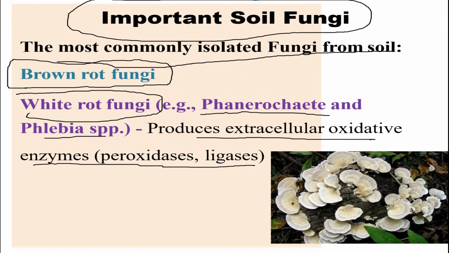This is the white rot fungi that you can see on the top of a dead plant of some sort. So these are the two commonly isolated types of fungi from soil. This is the brown rot fungi, and this is the white rot fungi, which produces peroxidases and ligases.